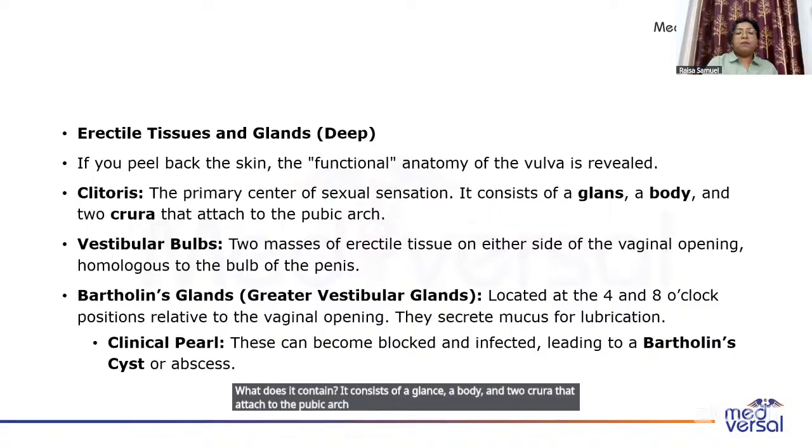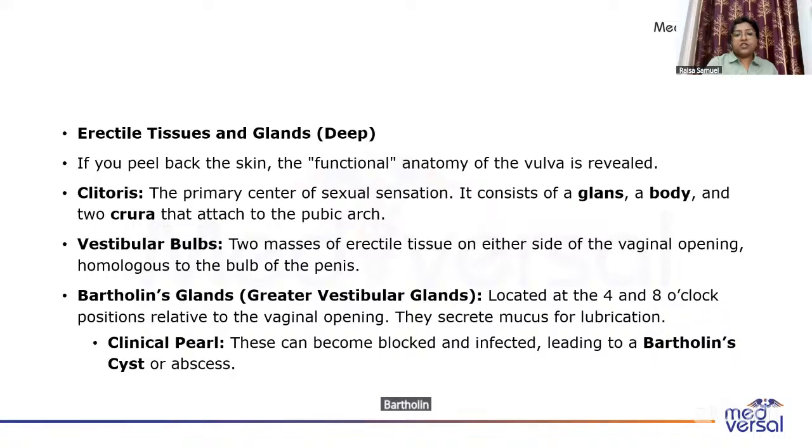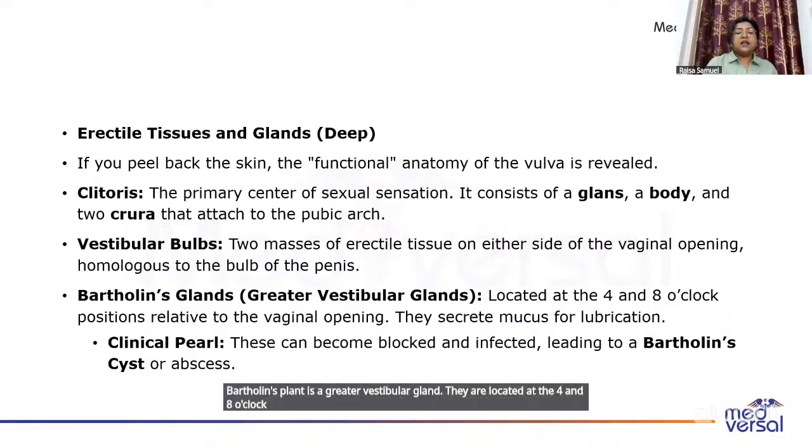Vestibular bulbs are two masses of erectile tissue on either side of the vaginal opening, homologous to the bulb of the penis. Bartholin's gland is a greater vestibular gland. They are located at the 4 and 8 o'clock positions relative to the vaginal opening. They secrete mucus for lubrication.